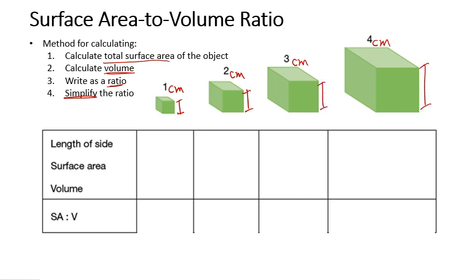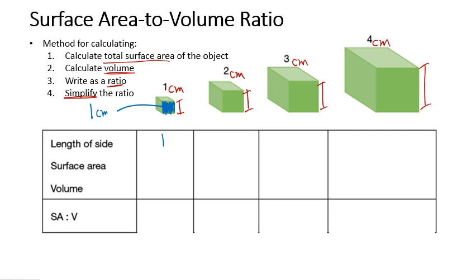So the first cube has a side length of 1 centimeter. To work out the surface area, as you should remember from maths, we calculate the area of one of the faces, and then we multiply it by 6 because a cube has 6 identical faces. So the area of one face is 1 times 1, which is the area of a square.